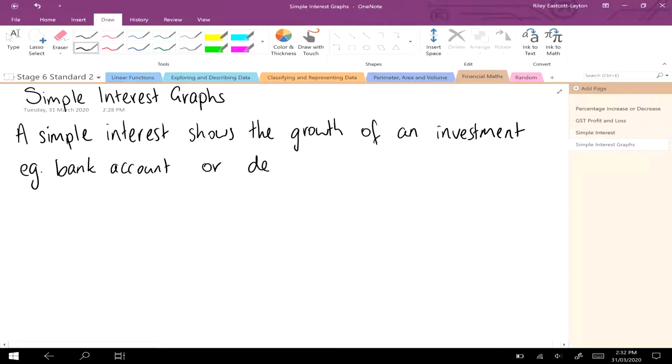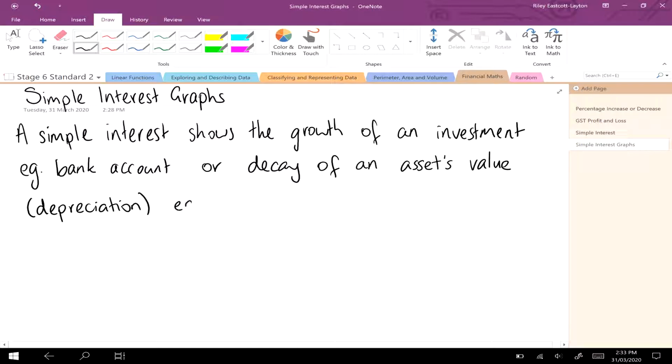Or decay of an asset's value. And then I'll put in brackets depreciation. An example of this would be a car over a time interval.